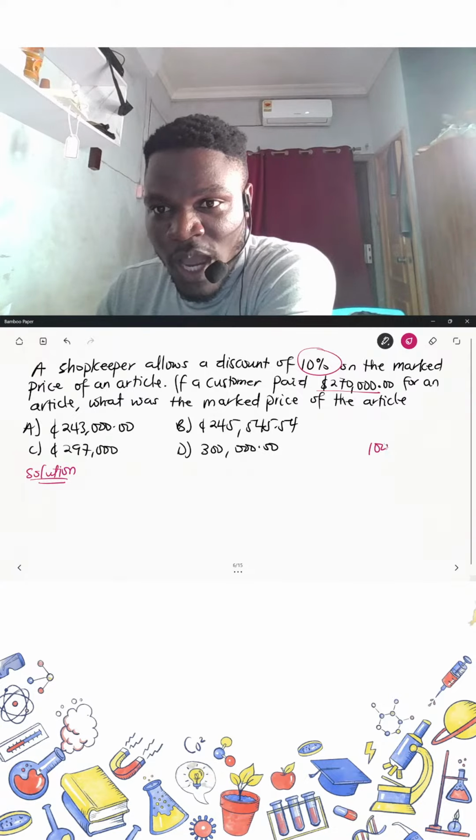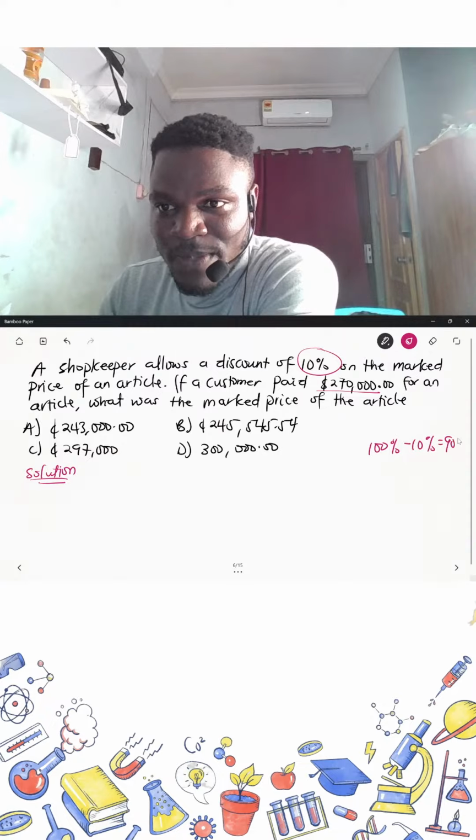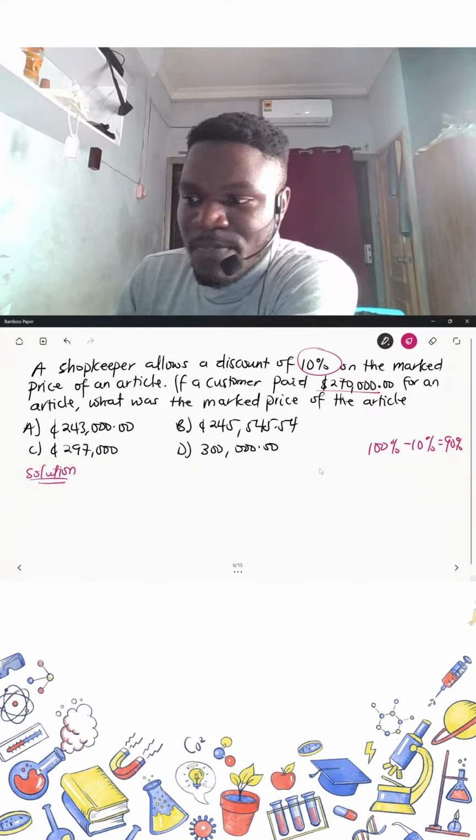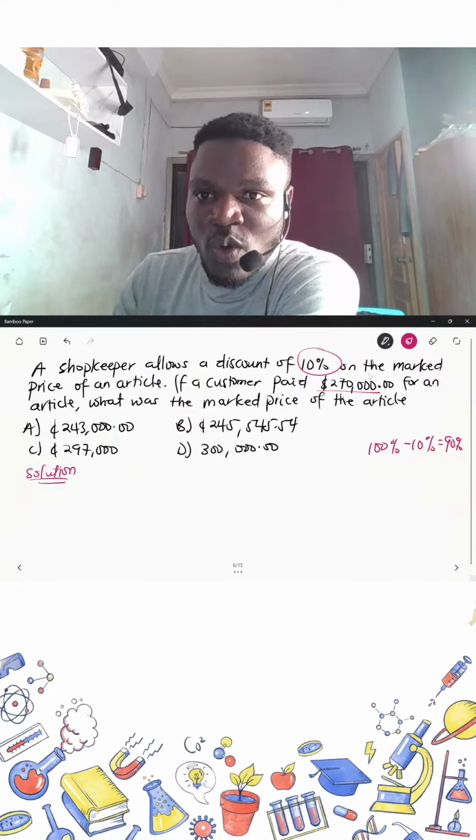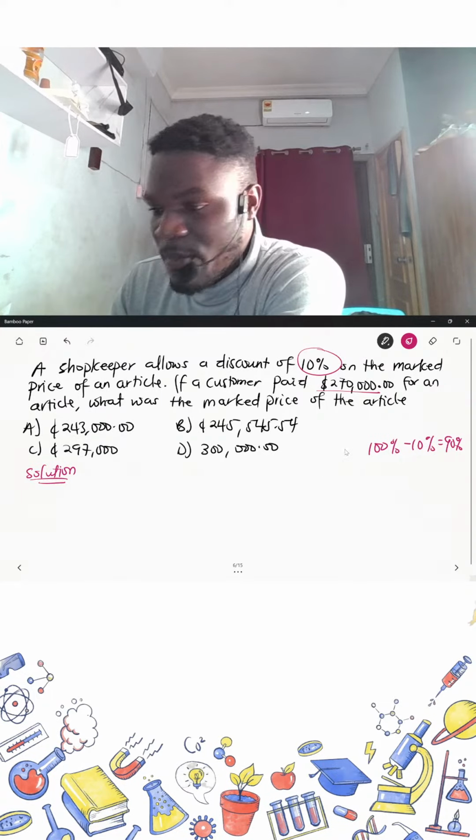So 100% minus 10% will give us 90%. And that 90% is equal to the 270,000 that the person paid.